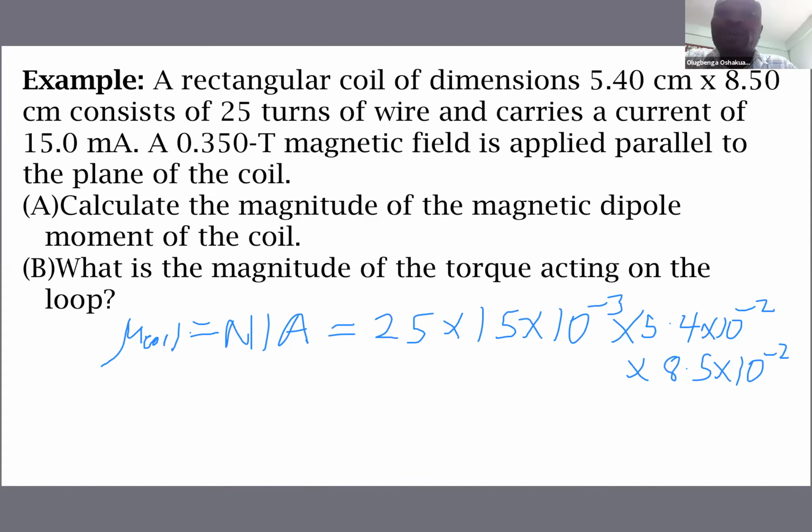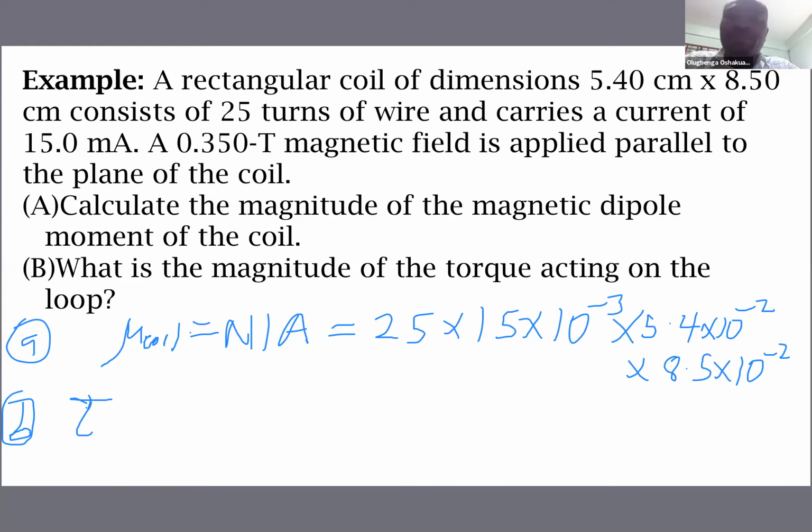What is the magnitude of the torque acting on the loop? It says the magnetic field supplied is parallel to the plane of the coil.